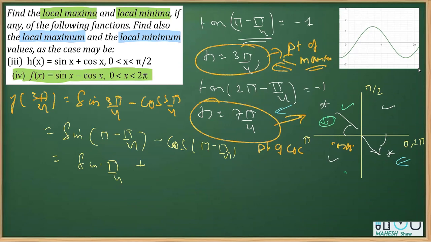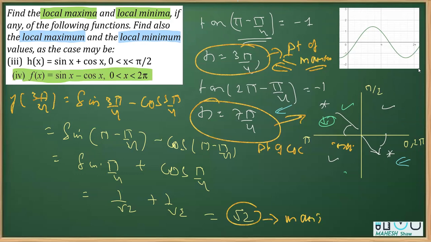So the minus sign will pop out and we'll make it positive, cos pi by 4. So finally, we have 1 by root 2 plus 1 by root 2, which is equal to root 2. Now we'll declare this as the local maximum value, right? Or the local maximum.